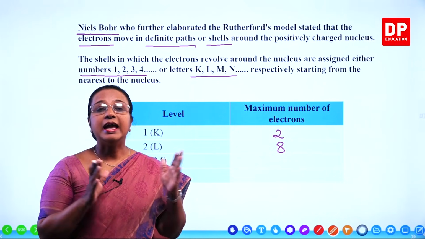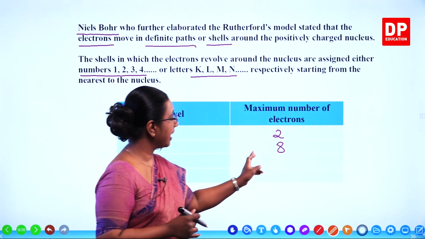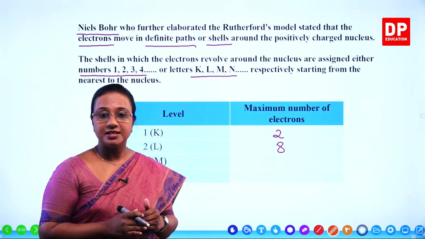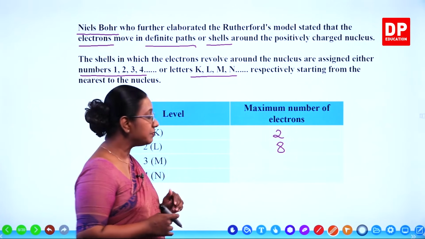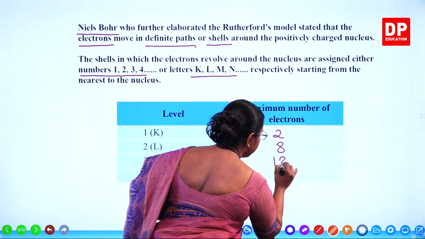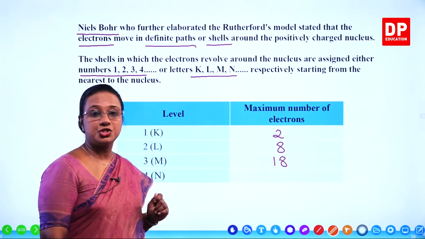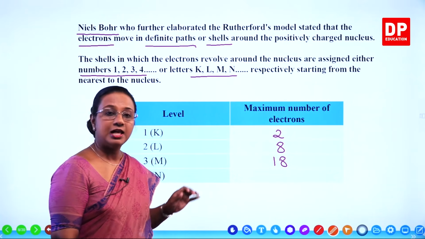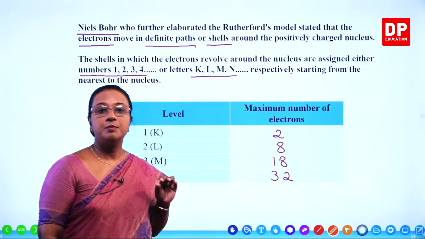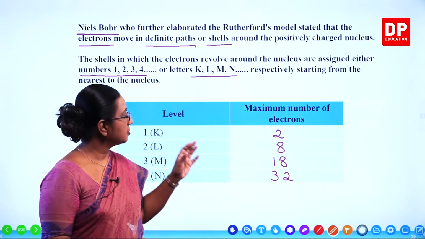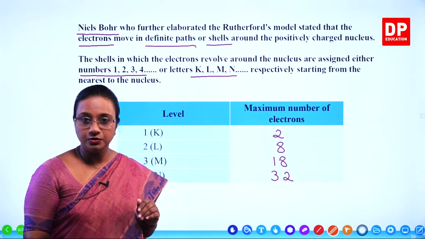So, there are 8 different atoms possible because there can be 8 electrons in the second shell. If we look at the third shell, the M shell, there can be a maximum of 18 electrons. And in the fourth shell, that is the N shell, there are 32 electrons possible. So, as you can see, 2, 8, 18 and 32.